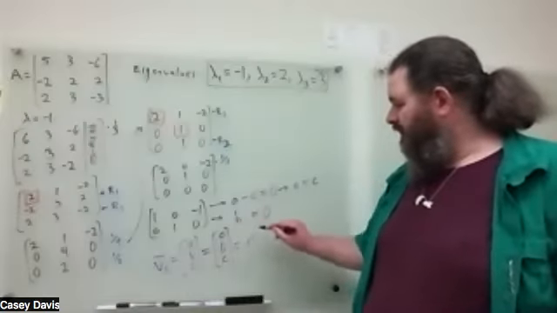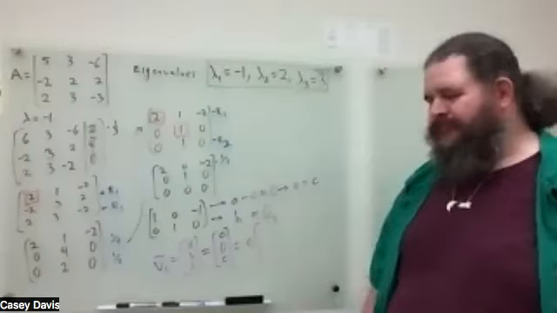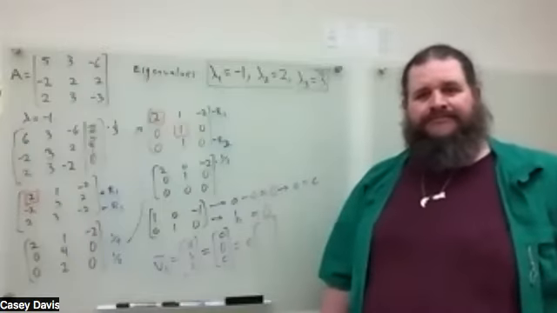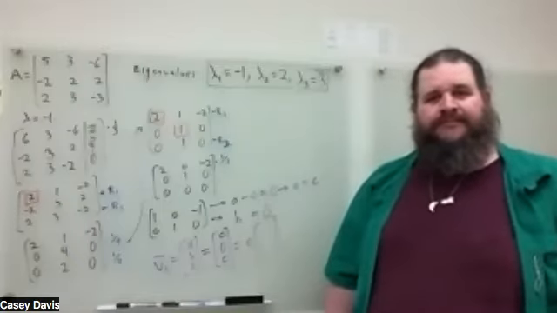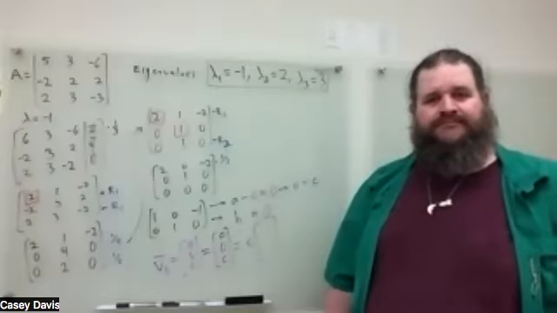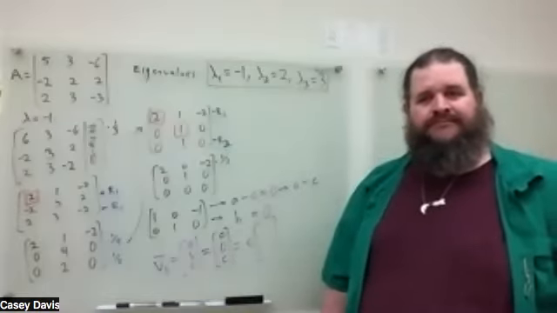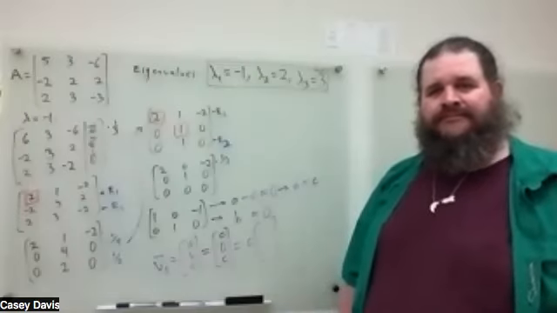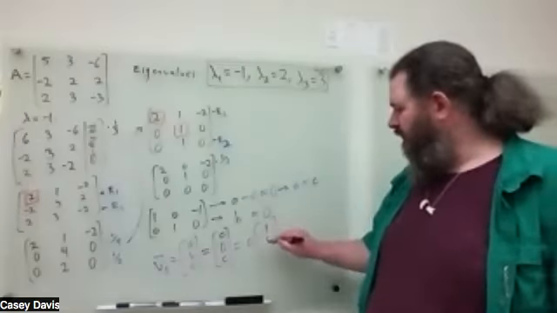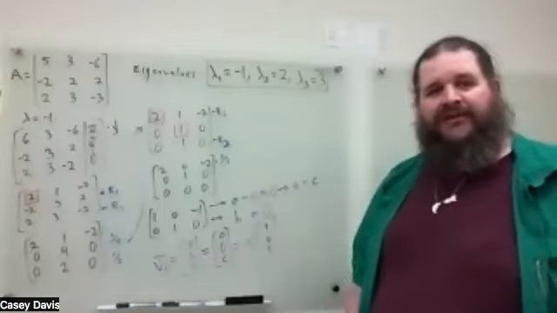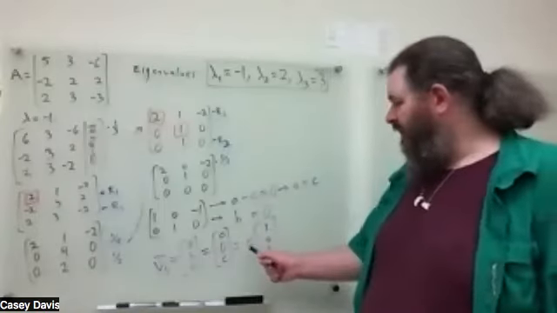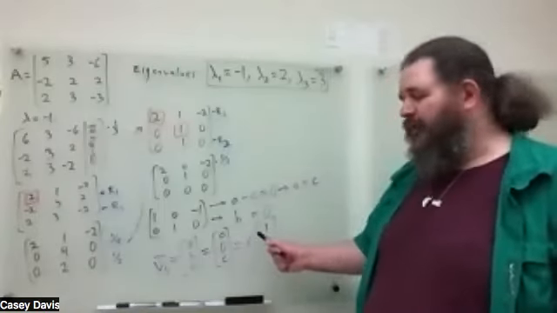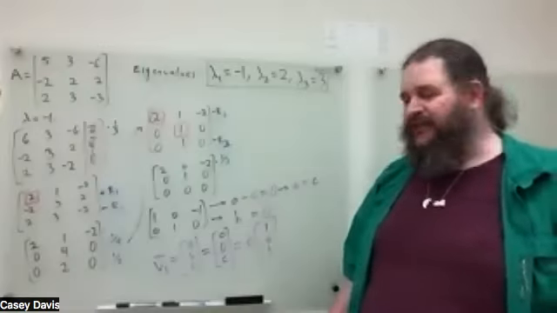And if we factor out C, what's left? Yeah, 1, 0, 1. That then is an eigenvector. And note that since C could be anything, any scalar multiple of 1, 0, 1 will also be an eigenvector.